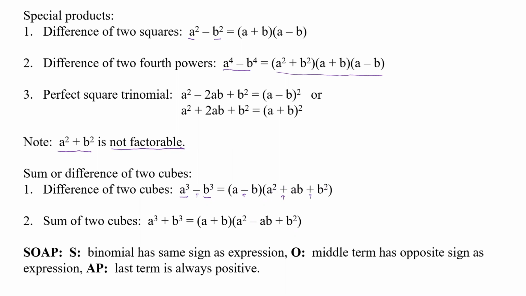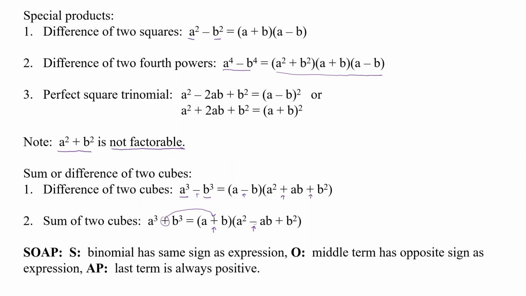And it's always going to be a plus here on the end, and we just square the b. Now, if we have the sum of cubes, the only thing that changes is we have a plus here and we have a minus here.